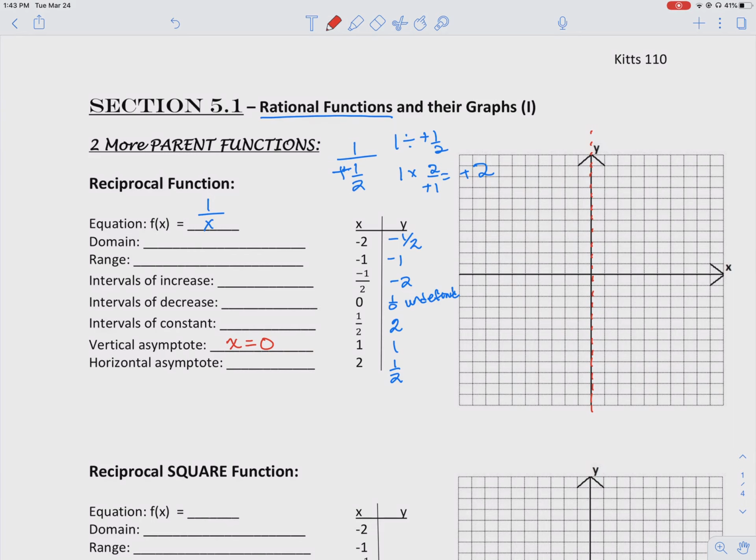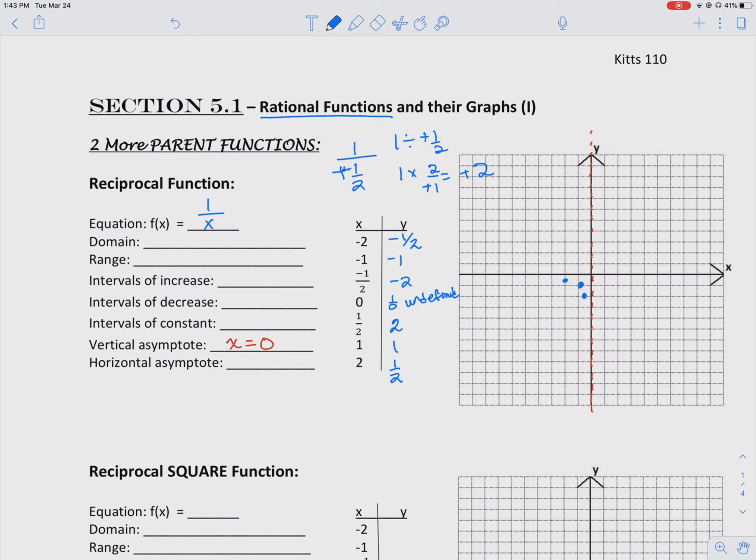So let's plot these points. So I've got -2 and a -1/2. Whoops, that should be -1/2, excuse me. -2, -1/2, -1 and -1, -1/2 and -2.